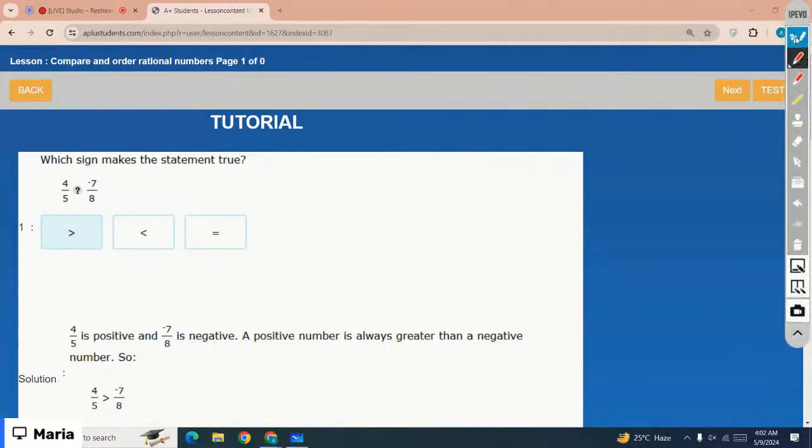That means 4 over 5 is greater than negative 7 over 8, right? Okay, let's just start with the practice questions.